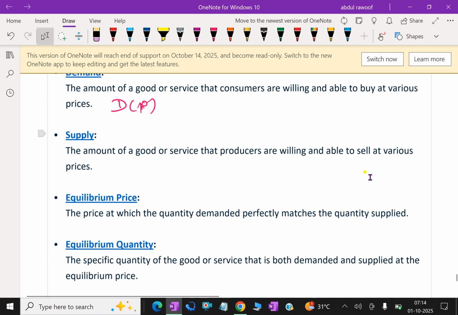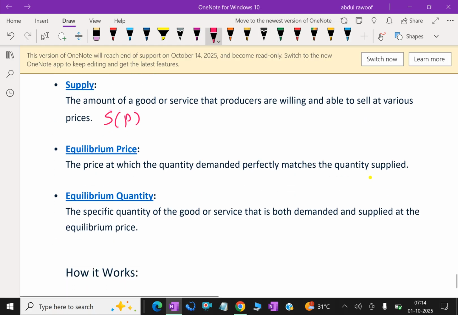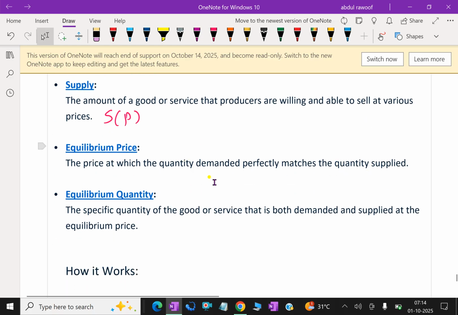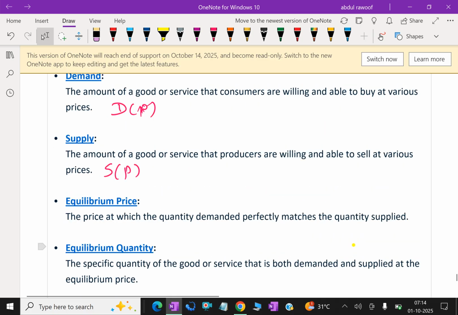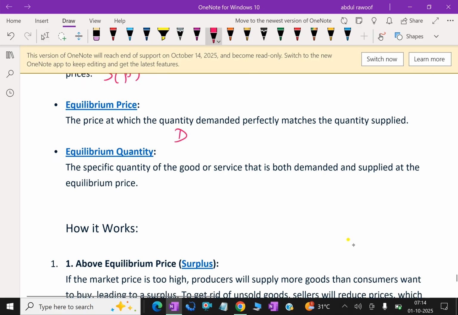That is the supply curve S of P. At the equilibrium price, the price at which the quantity demanded perfectly matches the quantity supplied, D of P should be equal to S of P. By solving this equation, we can get the price, that is the equilibrium price. Equilibrium quantity: the specific quantity of the good or service that is both demanded and supplied at the equilibrium price.